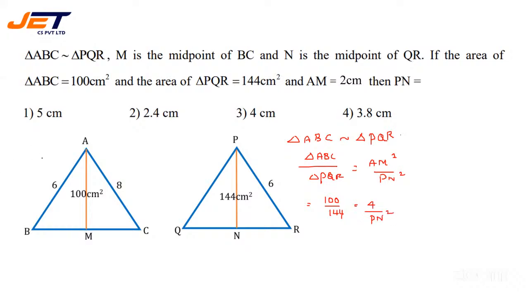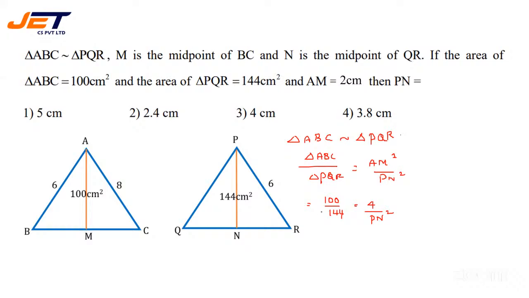So we know AM square is 100, PN square is 144. That is the area. We know the area.